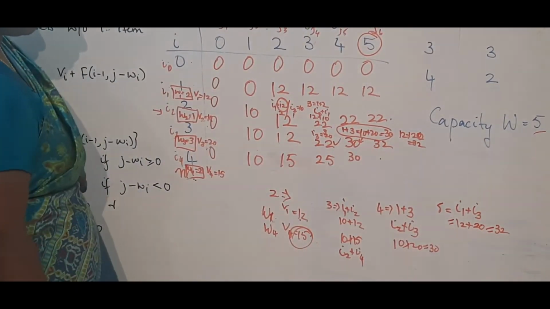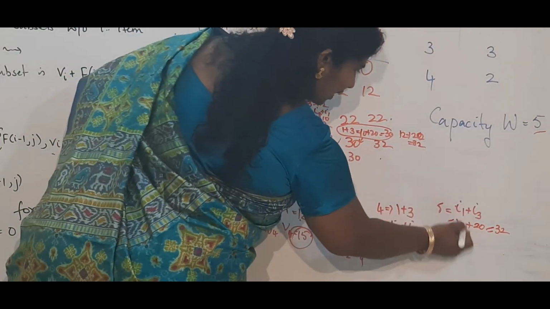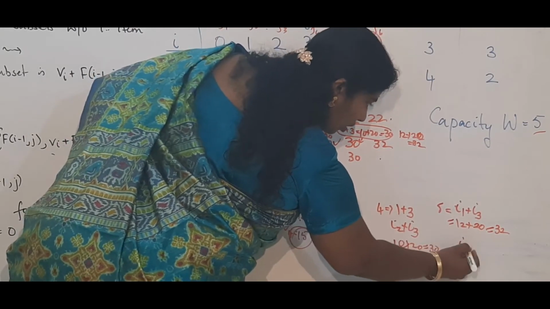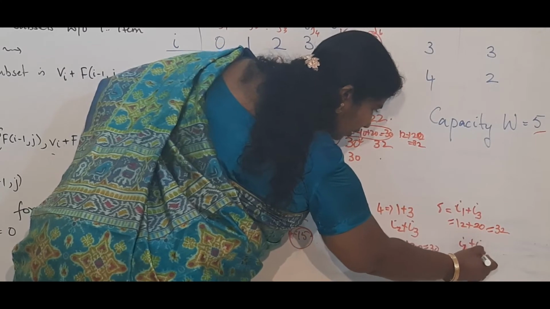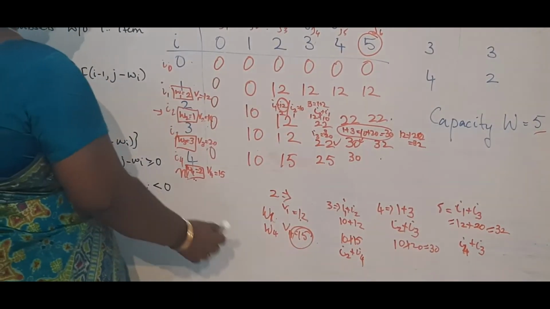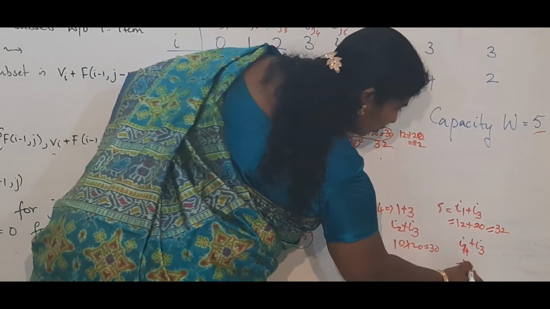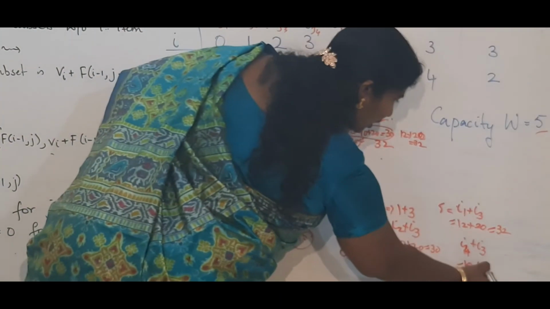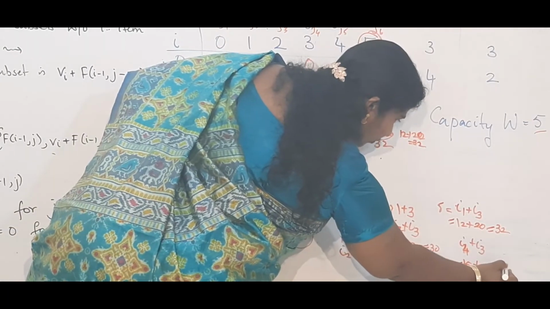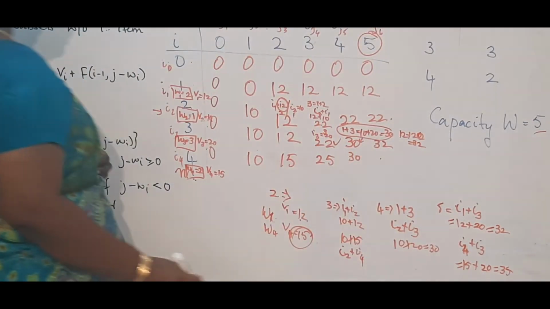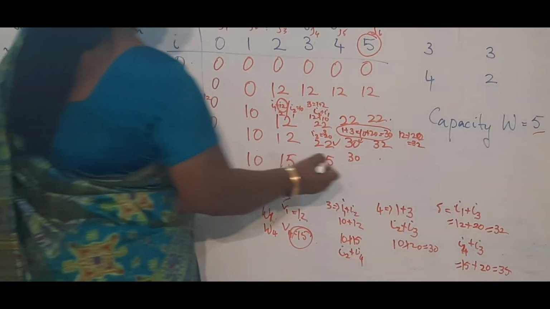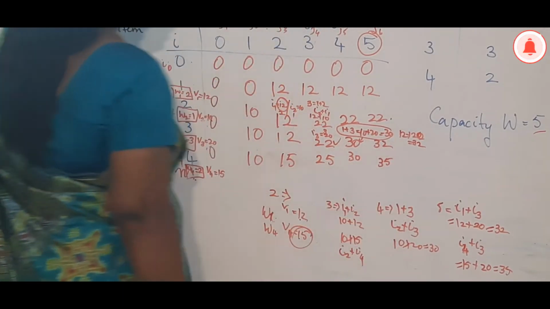Now we can have item number 4 plus item number 3 here. Item number 4 value is going to be 15, and item 3 is 20, so 35. 35 would be the most reasonable.